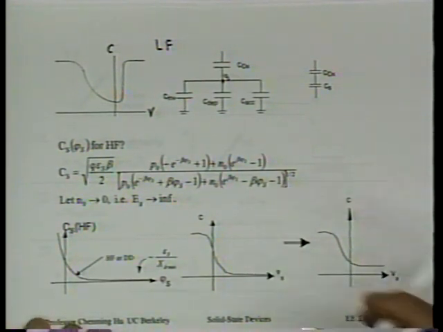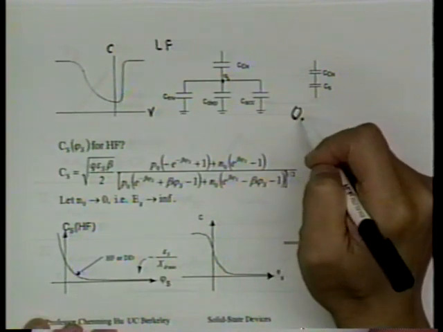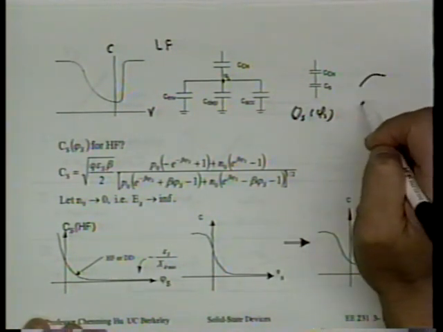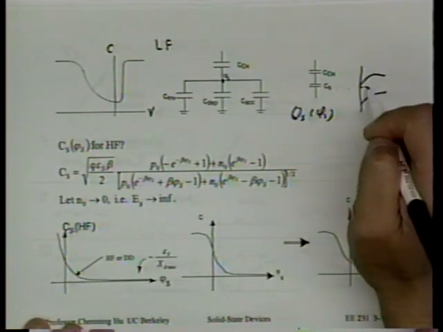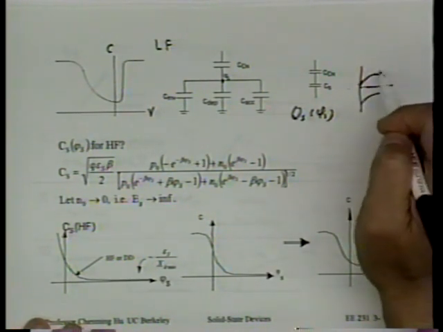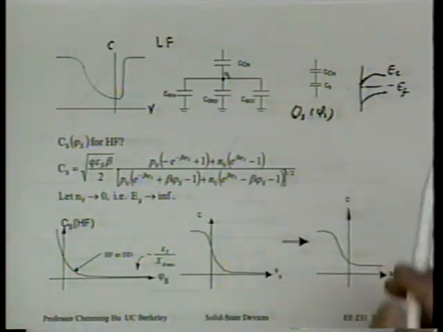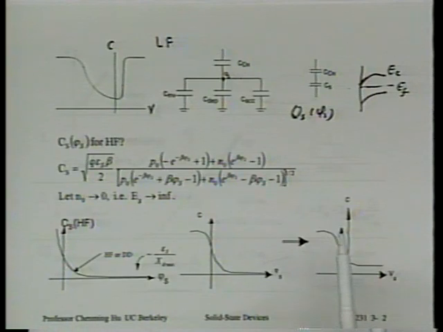Low frequency simply means that QS is at equilibrium with phi s. In other words, if we change the band bending, if we change the relationship between EC and EF at the surface, we are changing the electron concentration at the surface.